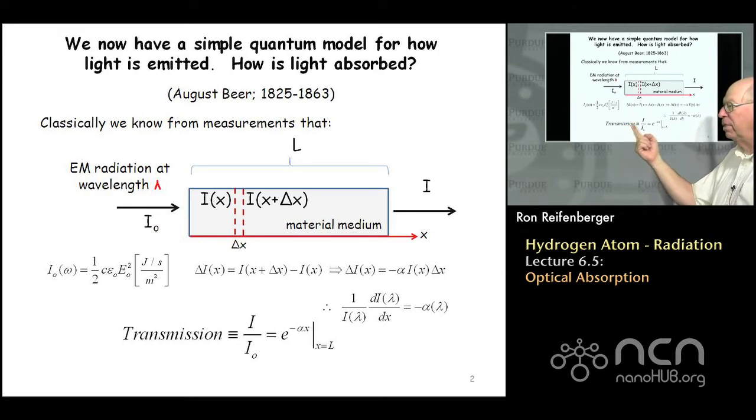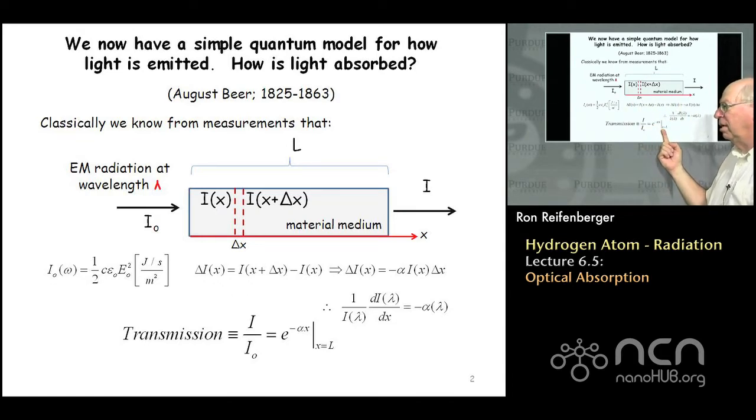of the light through the material as the ratio of the intensity I that emerges divided by the intensity of light that's incident, and that depends exponentially on the length of the material through which the light is traversed.